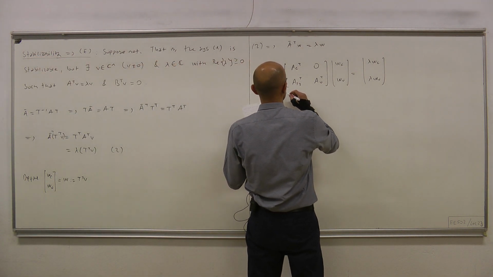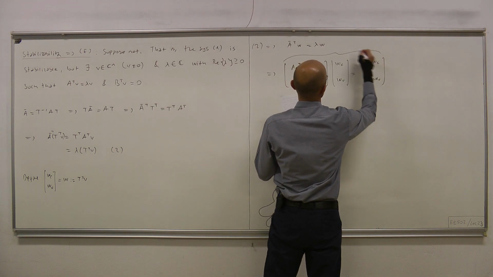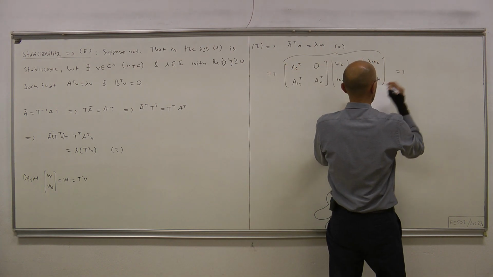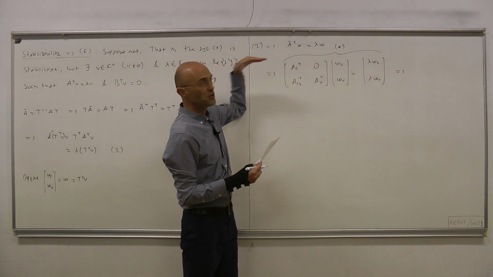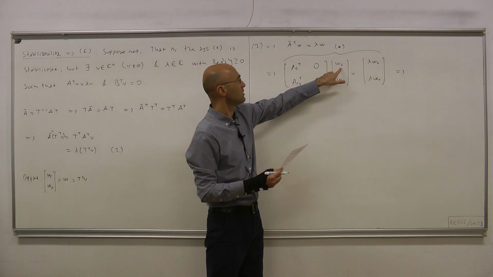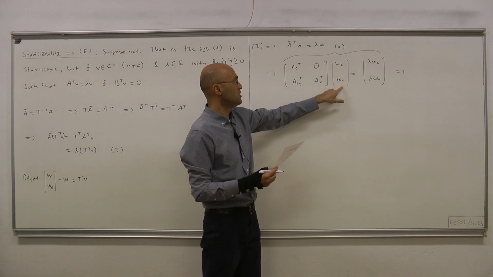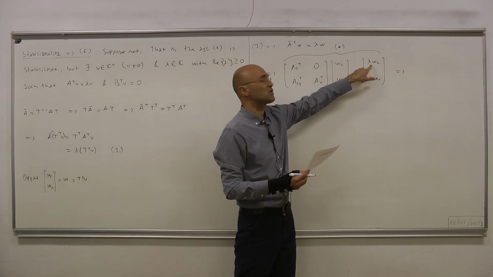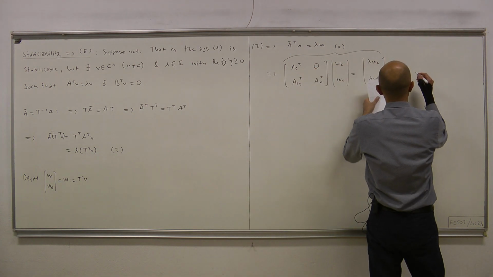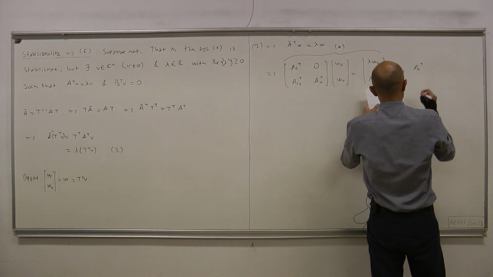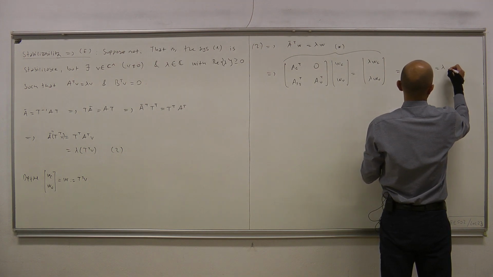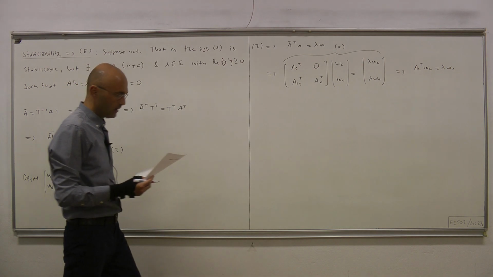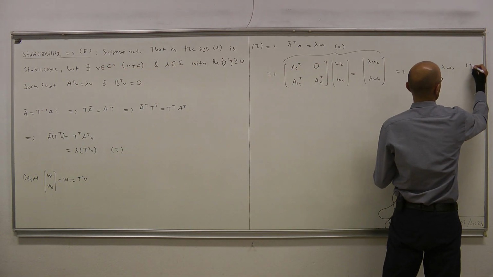We're going to use it later on, therefore let me call this equation star. Now, this implies, looking at the first row, A_C transpose W_C plus 0 equals lambda W_C. Therefore, A_C transpose W_C equals lambda W_C. So that looks like an eigenvector equation. Let's call this equation 3.